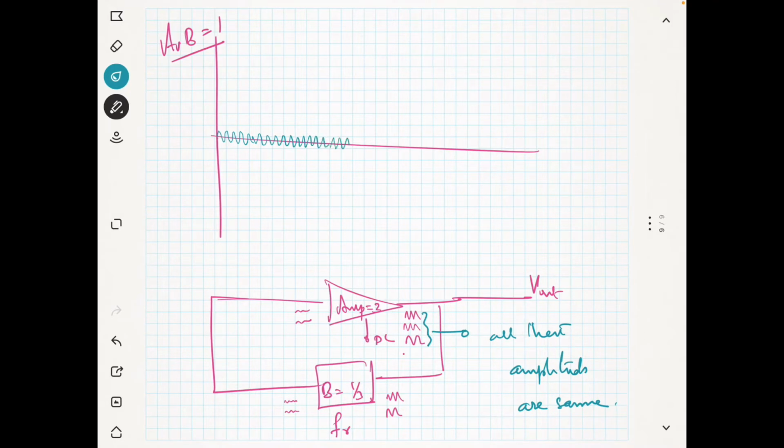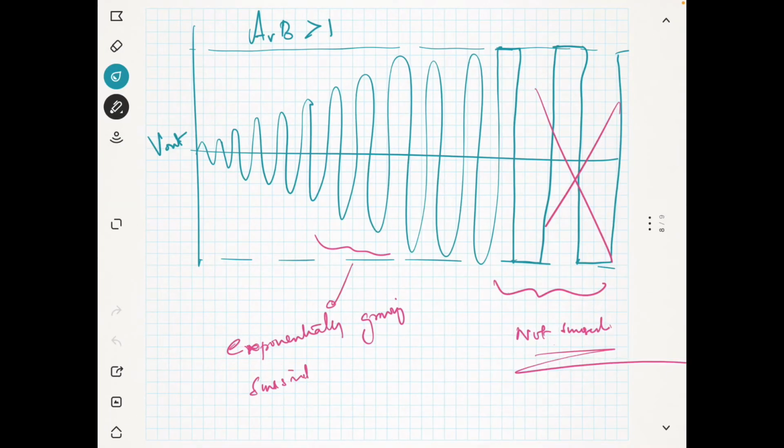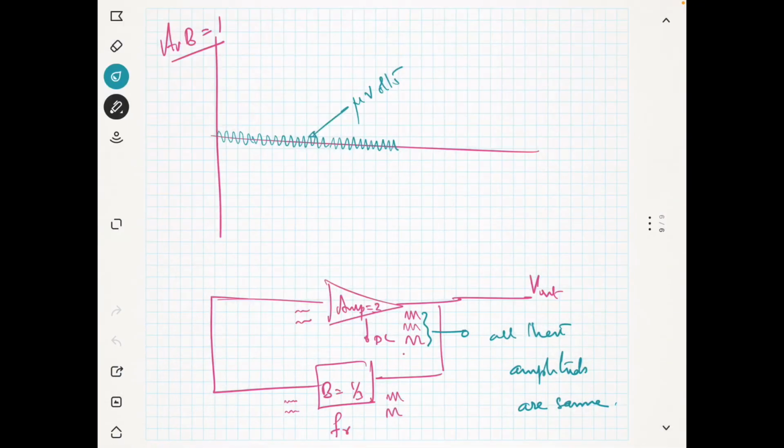It will not increase or decrease. It may be in the order of microvolts. That's a problem, because you will not see any output. So this is not a good circuit. We have seen that this condition is not good, and the earlier condition is also not good.